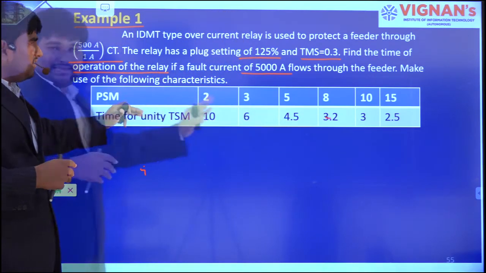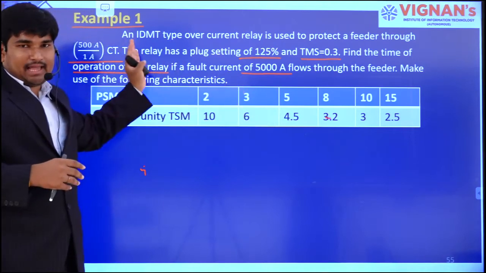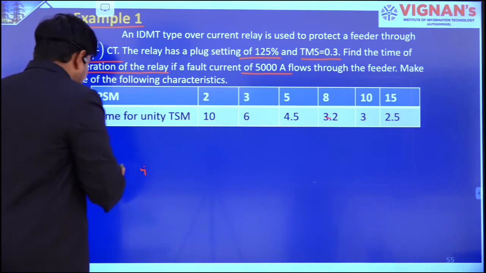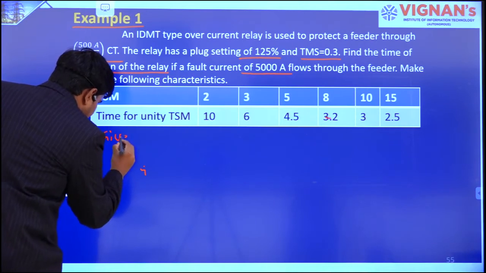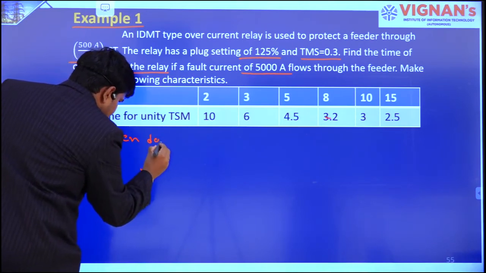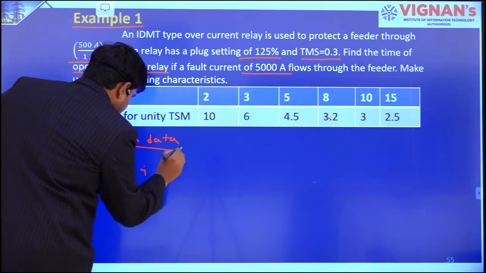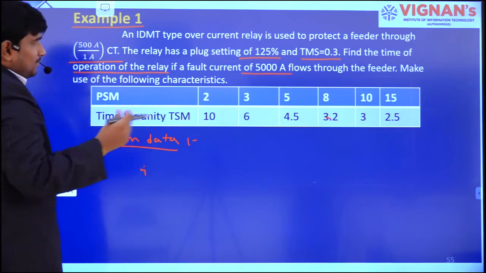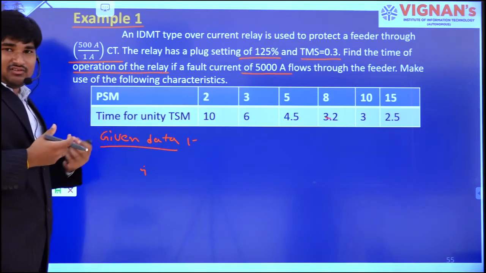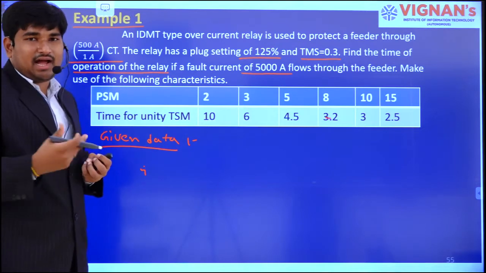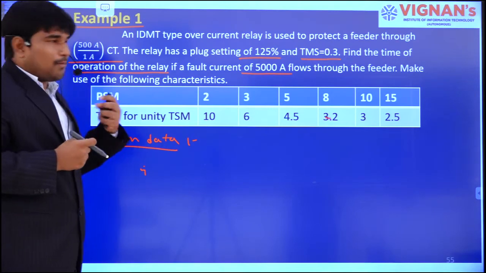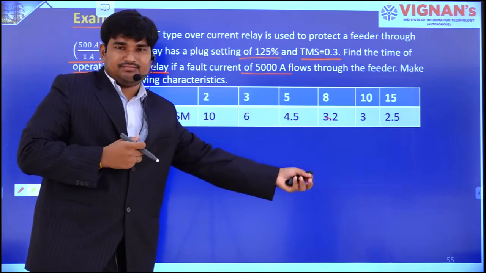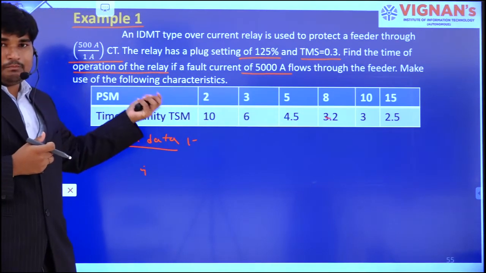So this is the characteristic of the IDMT type relay. Now let me take the given data first. By observing this data, I can find the known and unknown parameters. Then the problem solving will be easier once we get the input data.